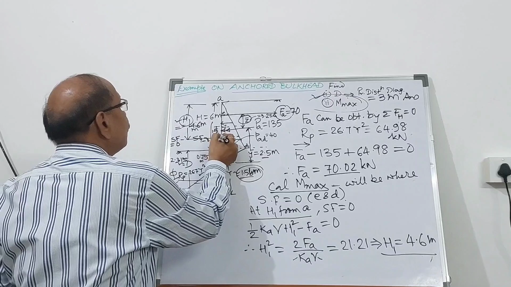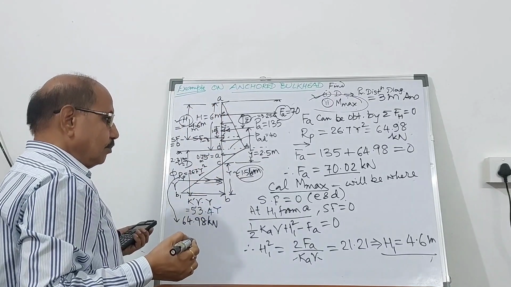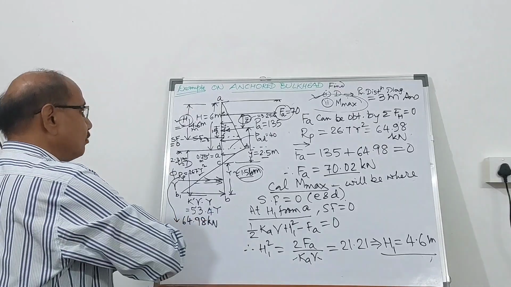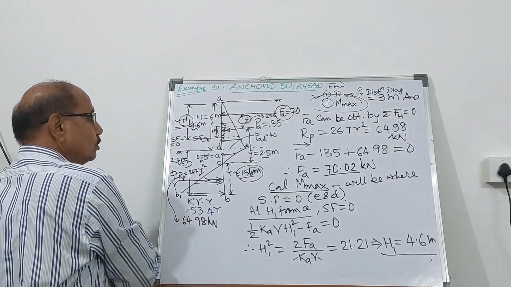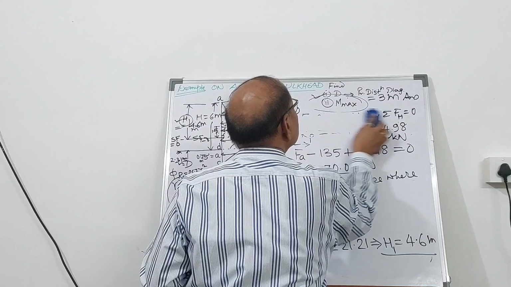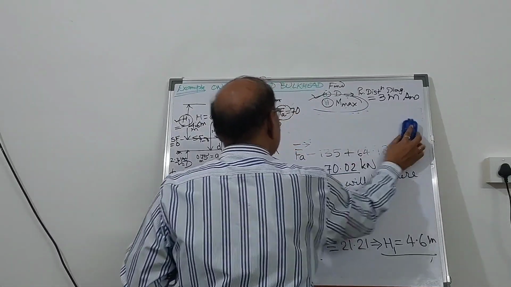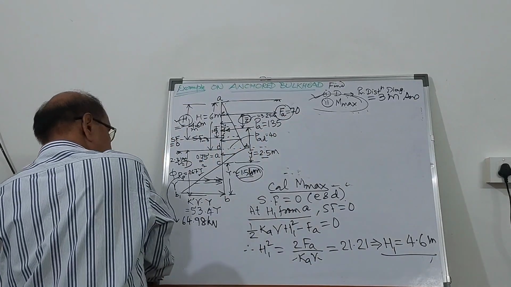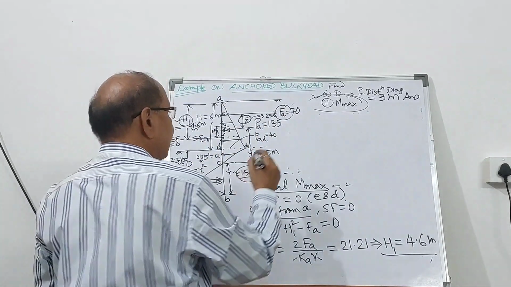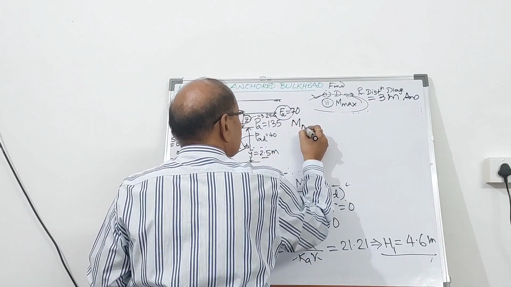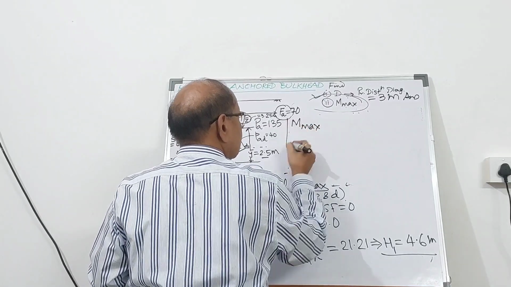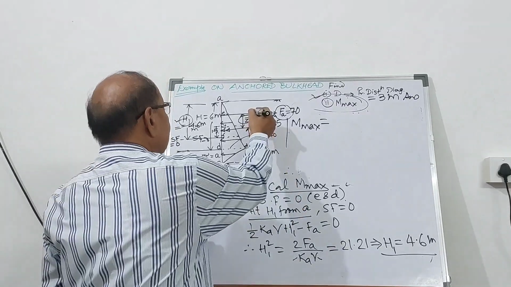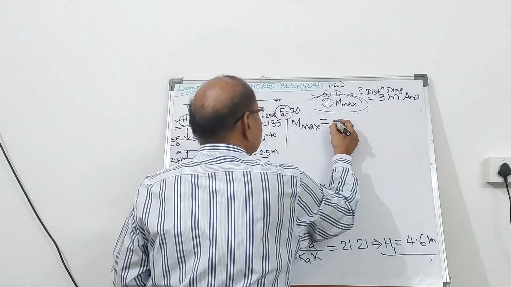Now at this point, what is the bending moment? That is going to be the maximum bending moment. So in order to calculate the maximum bending moment, let us find out M max. We can calculate M max equal to this. This will create a clockwise moment, FA.